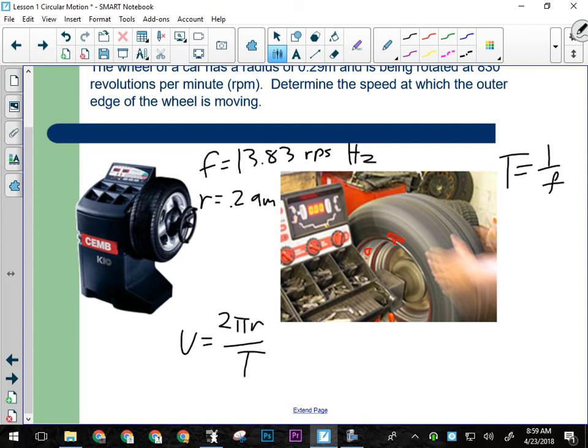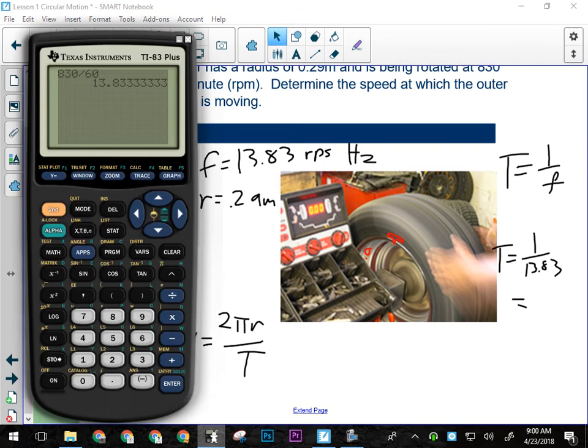Everybody all right with that? So it takes 0.072 seconds for this thing to rotate around in the circle one time, which is pretty fast. Now that I have that number, I can use this formula here.